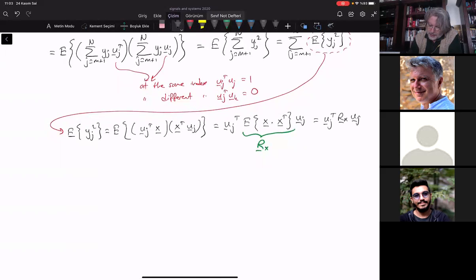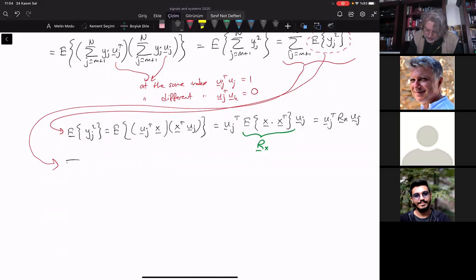Now, we have the summation term. So I will go here for the summation and write it like this. Summation j from m+1 to capital N. Inside it is uj transpose Rx uj.